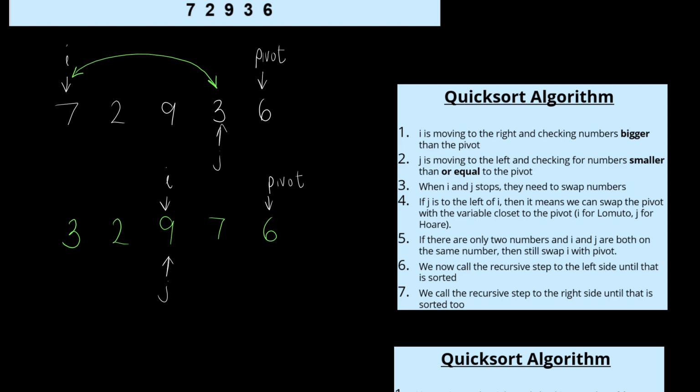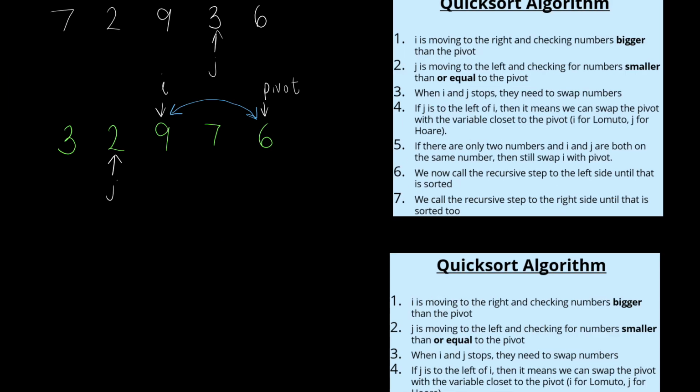So we're going to now move J. Now there is the rule in our algorithm, which is that when J is to the left of I, then we need to swap the pivot with the I. So I'm going to swap 9 and 6. So we would have 3, 2, 6, 7, 9.